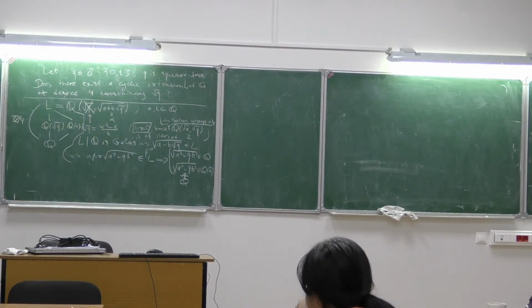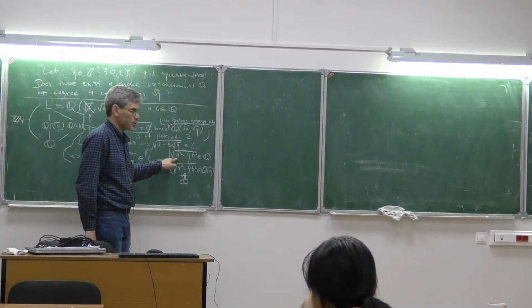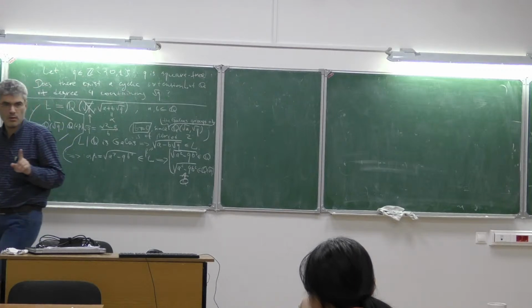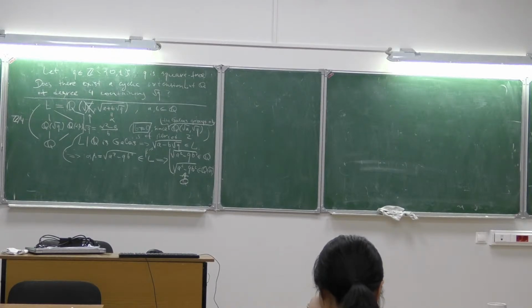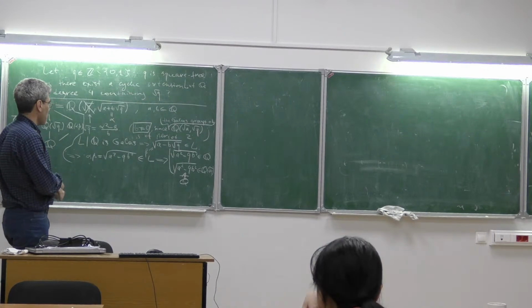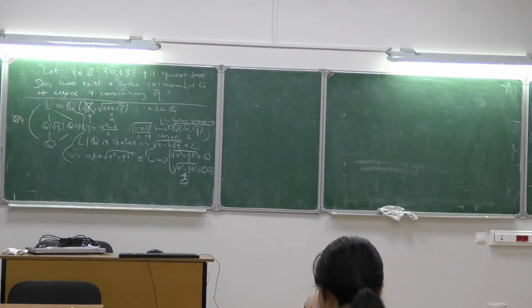And the question is whether this element can be rational. And this, so we can see that q is a square.